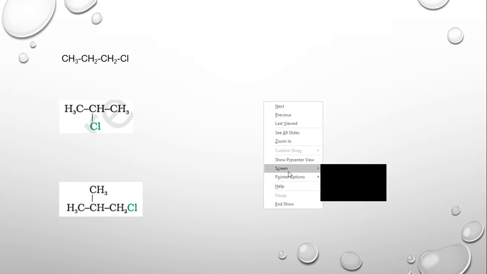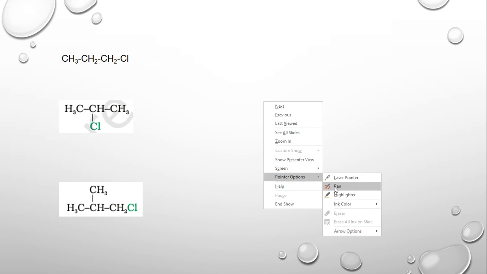Now we will see how IUPAC nomenclature is written for structures. Suppose the structure is given to you and they say write the IUPAC name of the following structures. Come to the first structure, that is CH3, CH2, CH2, Cl.